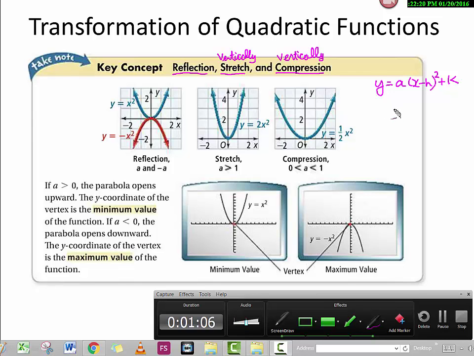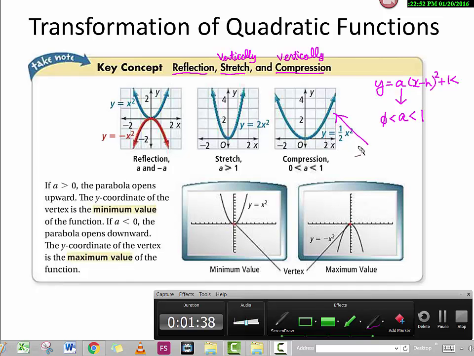So right now, let's start with stretch and compress. You know h controls the shifting left or right, and k controls the translation up and down. a is the factor. So if a is less than 1 and bigger than 0, which most of the time is a fraction, say a half, then we call it vertically compressed.